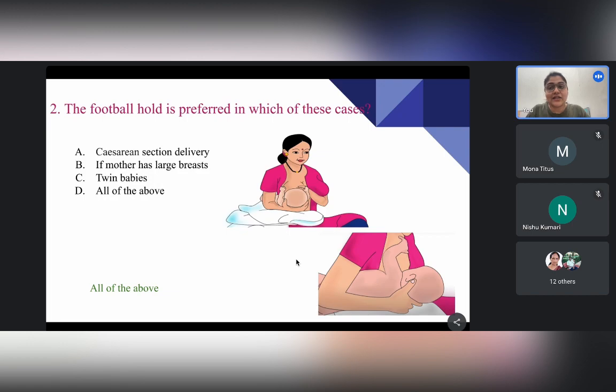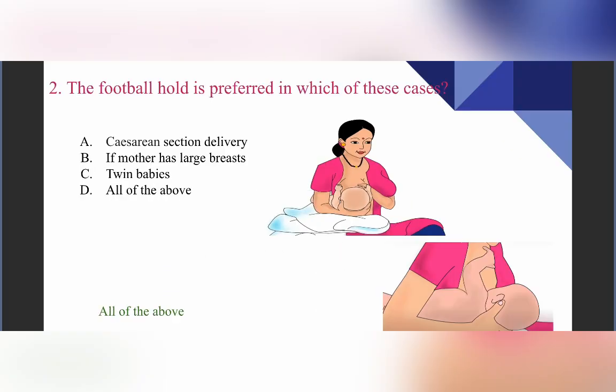In the football hold, as the name suggests, the baby is held like a football, like how a rugby player would hold the football. The baby can be held in front, where the face of the baby is facing the mother's face.